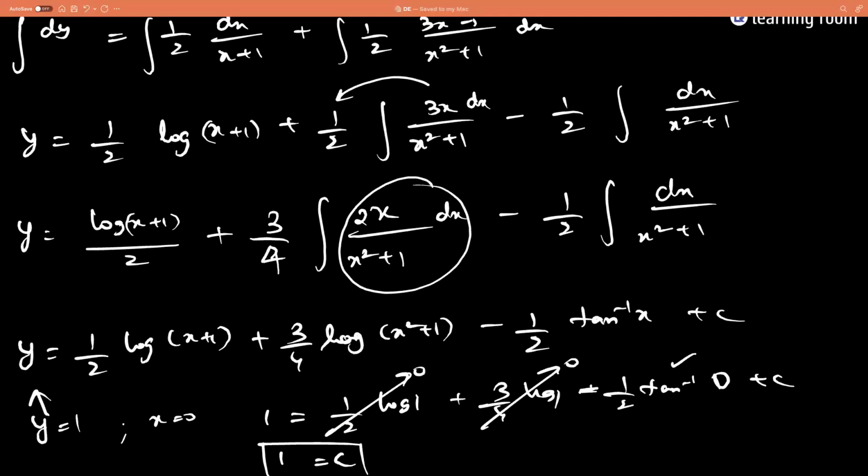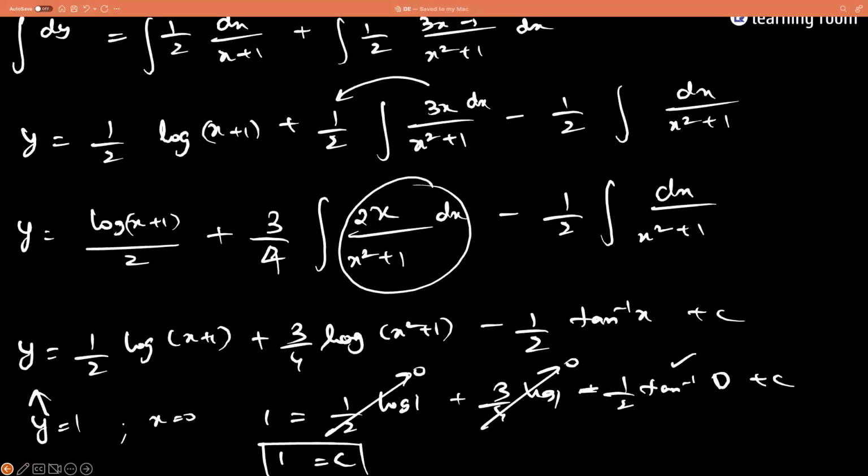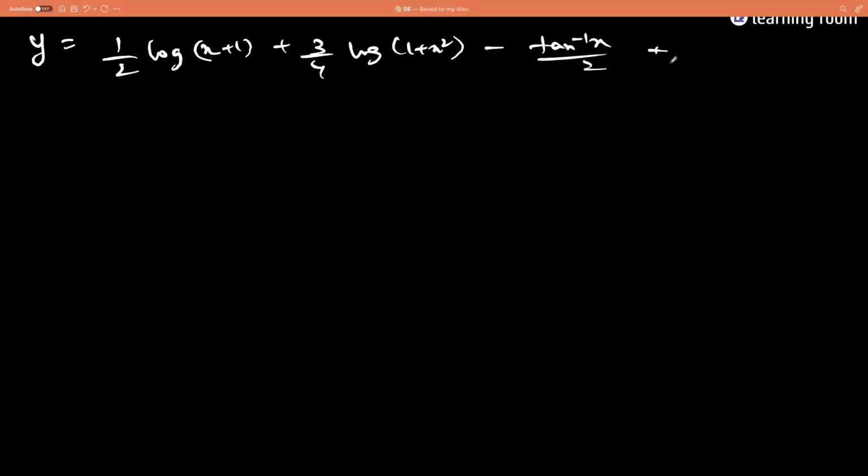So the particular solution is going to be y is equal to half log (x plus 1) plus 3 by 4 log of (1 plus x square) minus (tan inverse x) by 2 plus 1. So this will be the required solution.